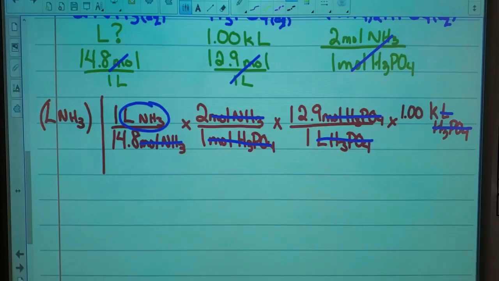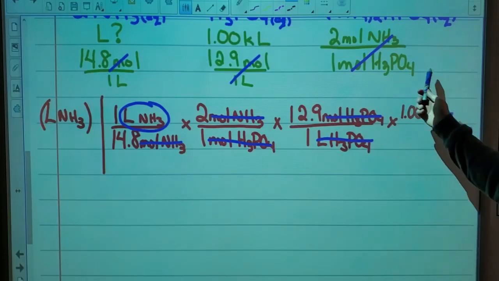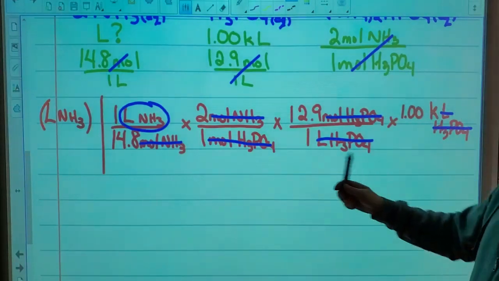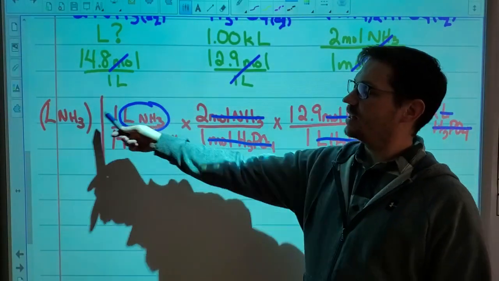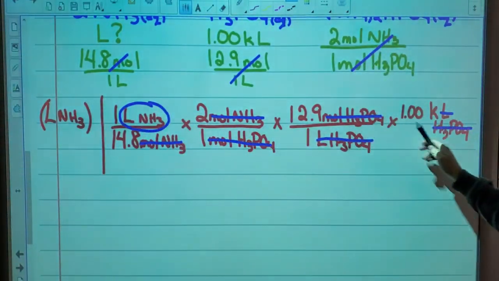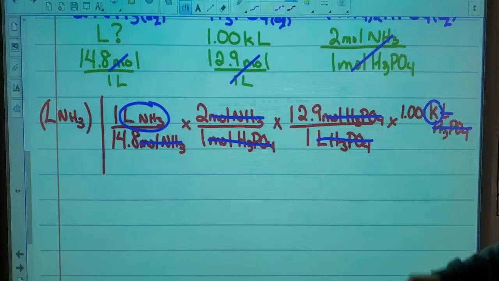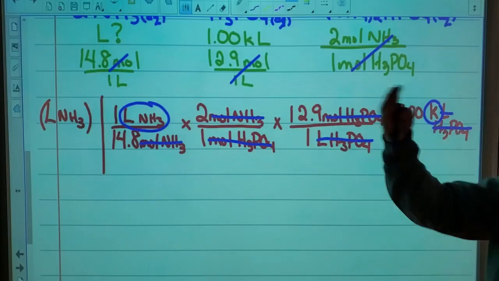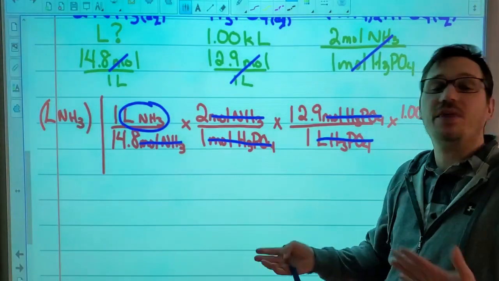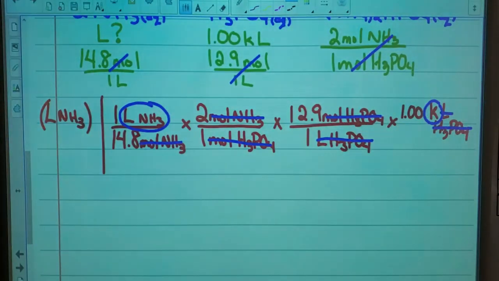But what's left over? Let's take a look at all of the units that I have left over. Liters of NH3 is left over. Great. But also my kilo. That kilo never got canceled with anything. Kilo and kilo could have canceled, but there was no other kilo on the bottom to cancel it.